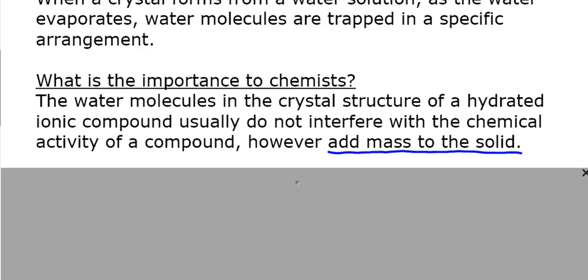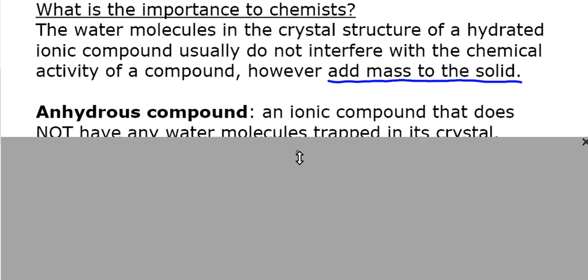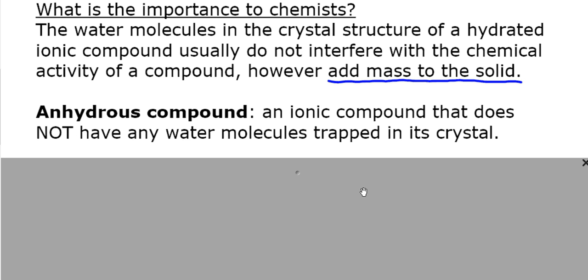Up to this point, all of the ionic compounds we've seen have been ones that don't have water trapped inside. While we haven't given them this official name yet, a more accurate name for those falls into this category. We call them an anhydrous compound. The word anhydrous means no water.